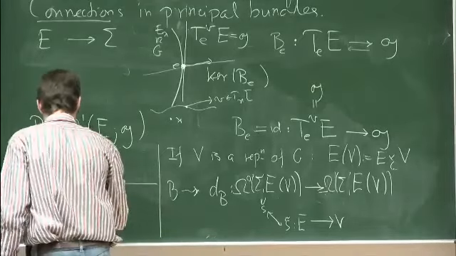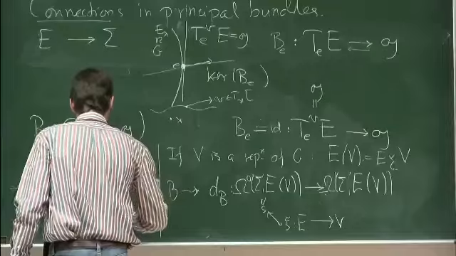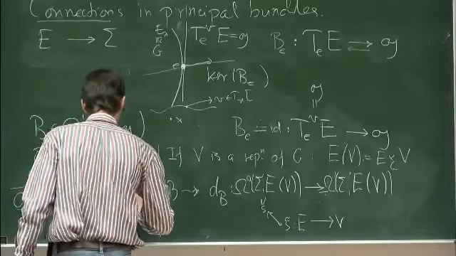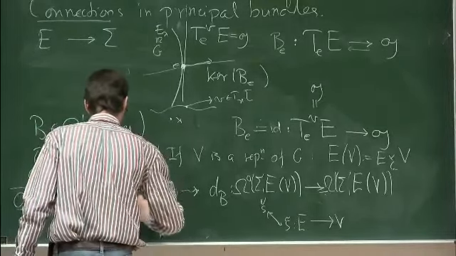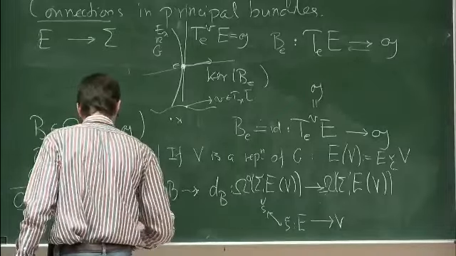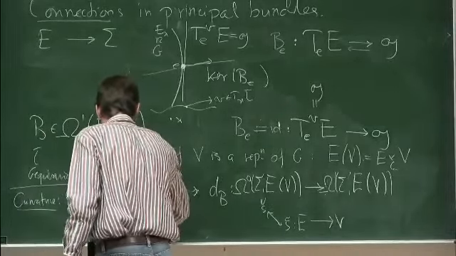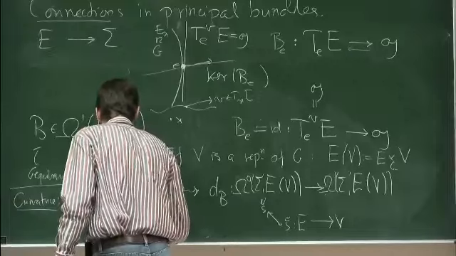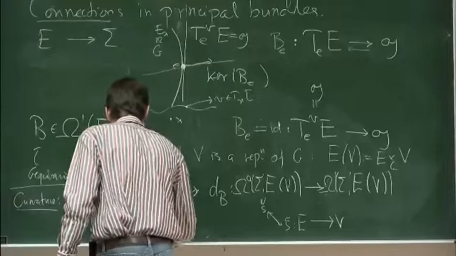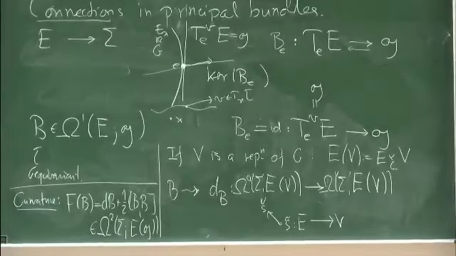So it's a two-form, which can be given like this. Actually a two-form on the surface with values in the adjoint bundle.